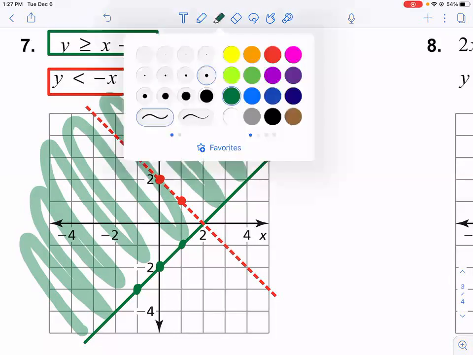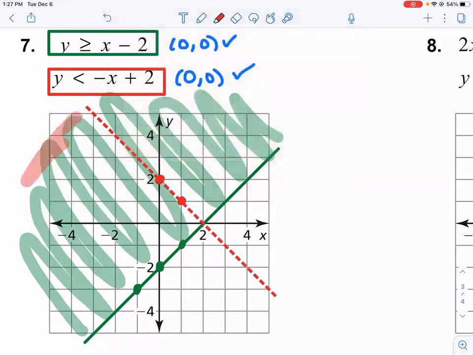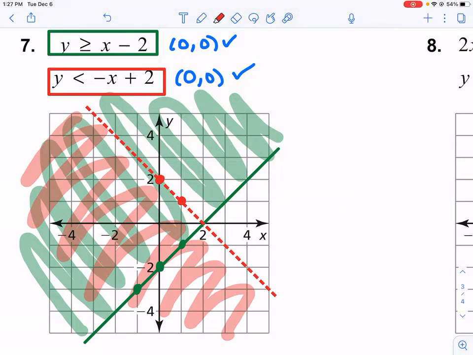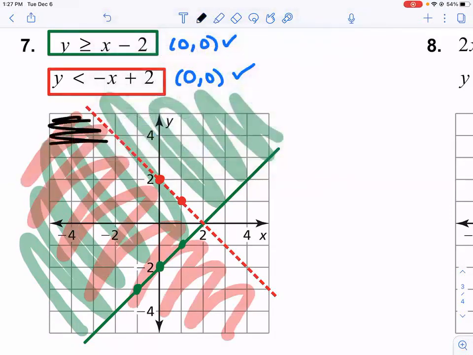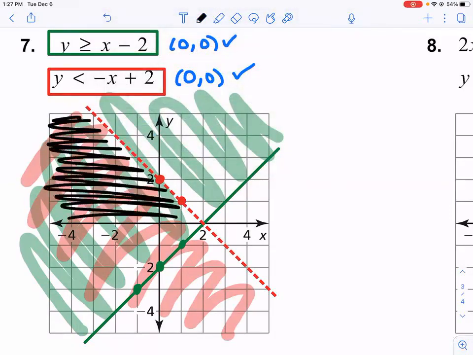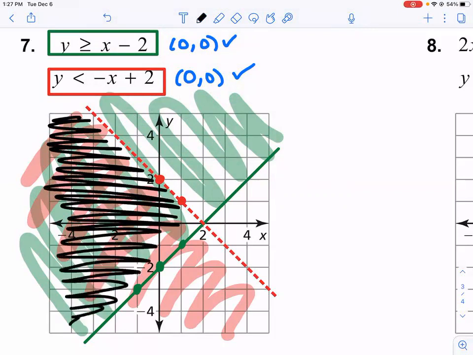Yep. So my red line, we need to also shade towards 0, 0 like this. Do we agree with that? So our overlap is right here. That looks about right? Yeah. Okay, cool.